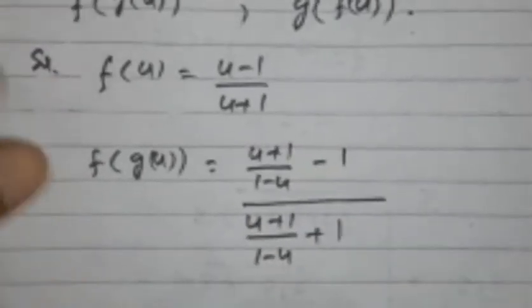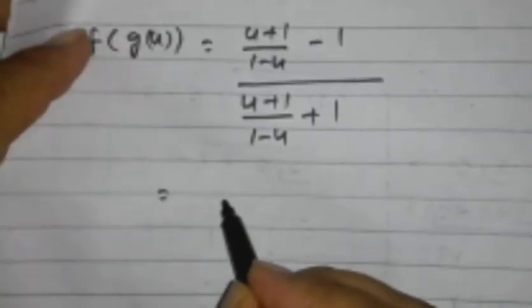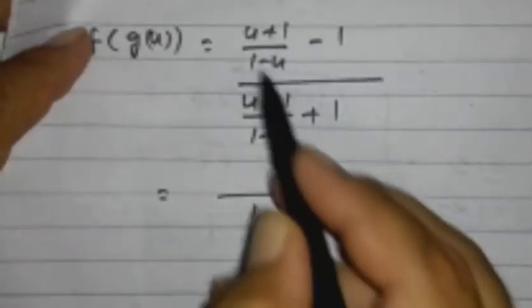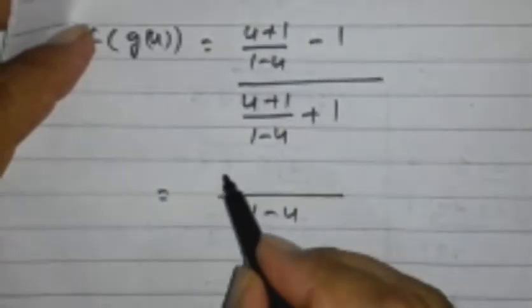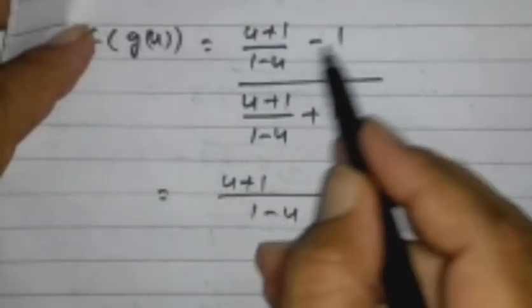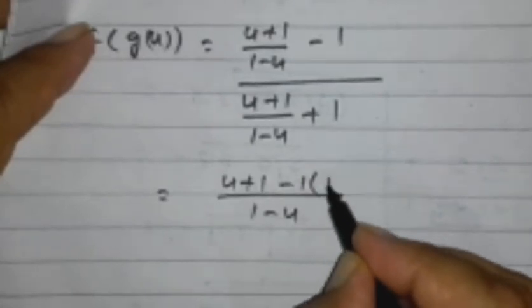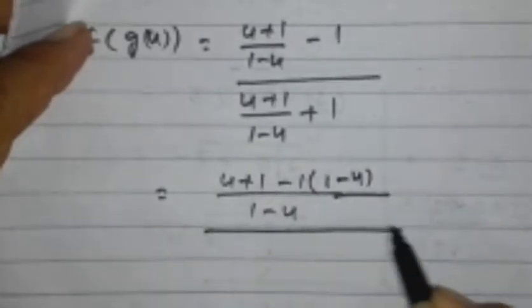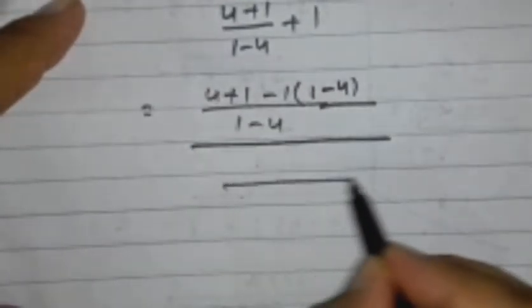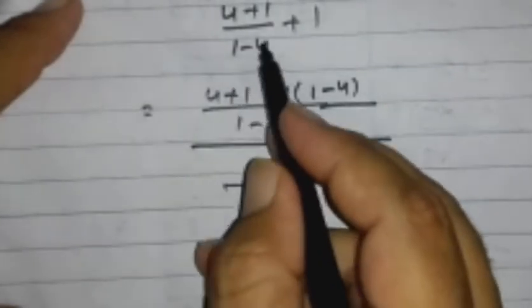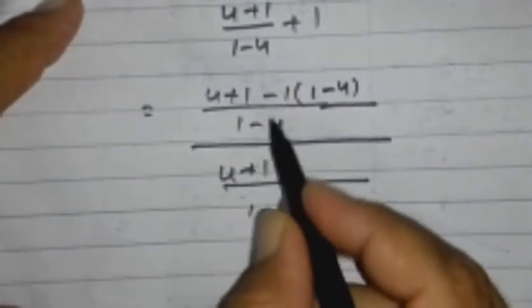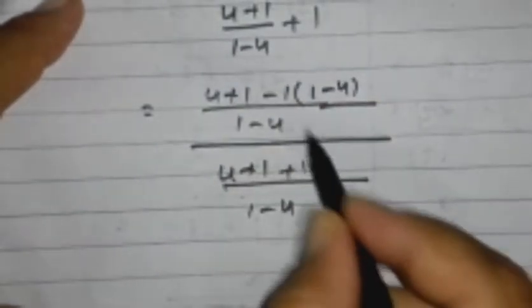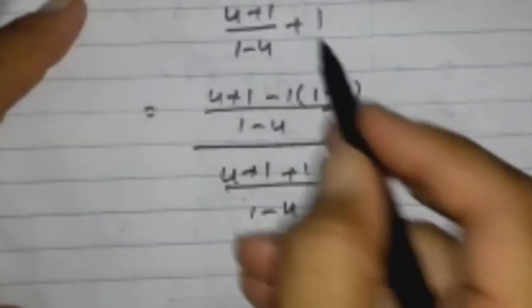Now we will simplify it. We will take the LCM of the denominator, which is 1 minus u here. So we get u plus 1, multiply this with this 1, so 1 minus u, and in the denominator the LCM is 1 minus u, so write u plus 1 and multiply this 1 minus u with this 1.